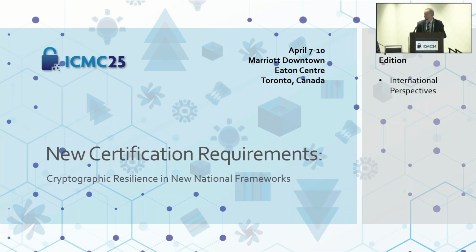We're going to talk about new certification requirements because there are a lot of new schemes. There are private schemes, some that we just discussed here. All of them have cryptographic components to them. We want to take a look at all of them and talk about how they are preparing for this transition post-quantum.